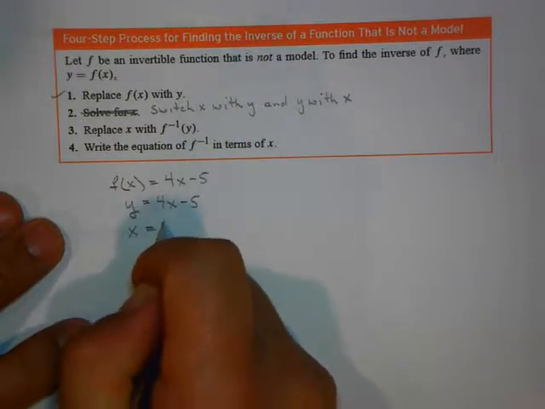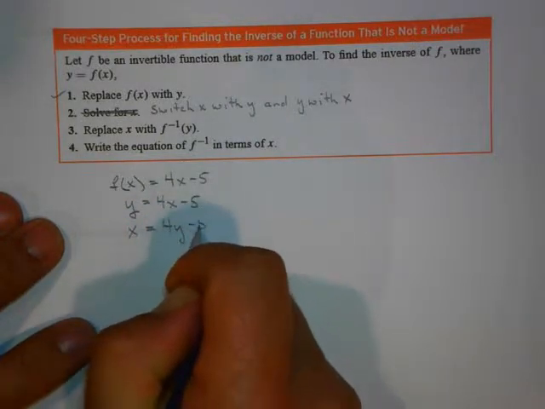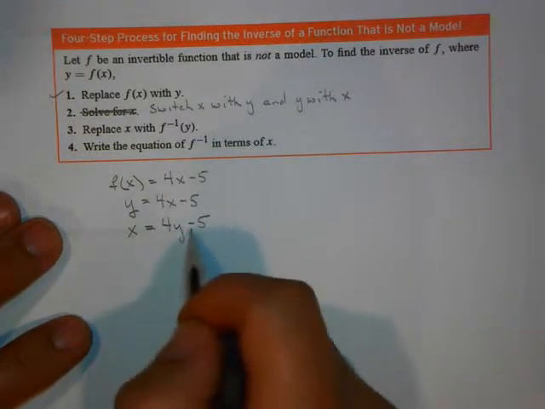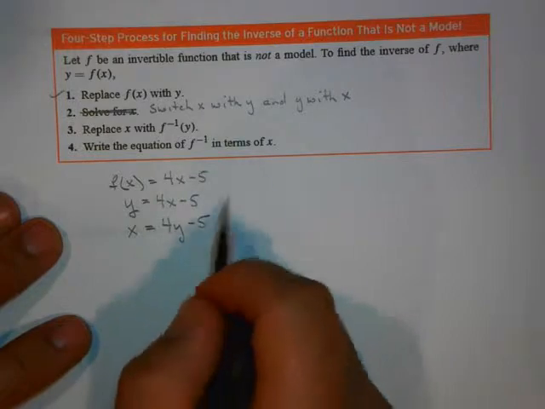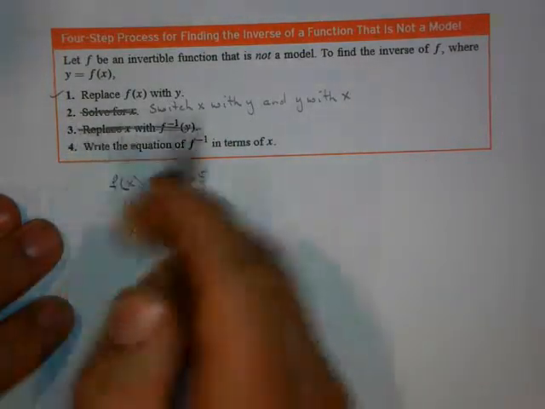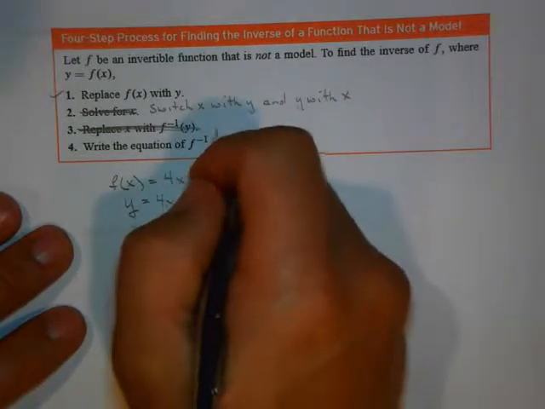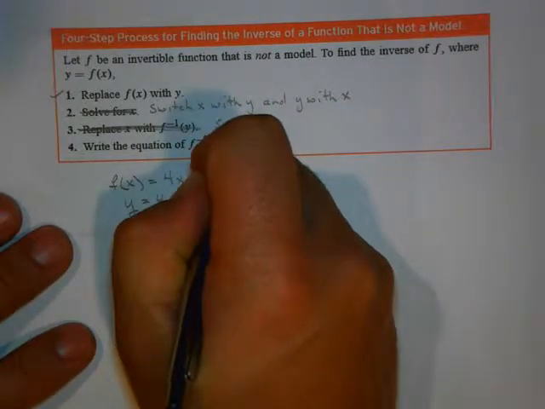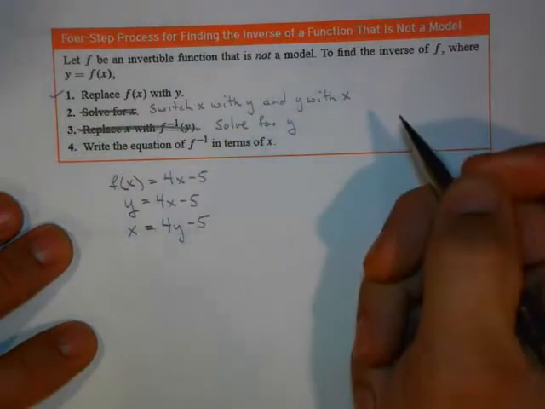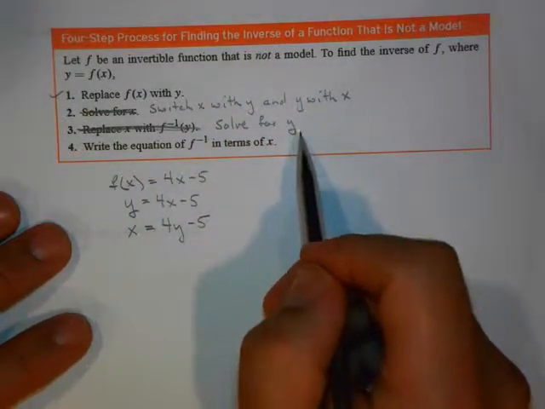Now, why do I have you do that? Because now our next step is we're going to solve for y. In most of your math career, you've been solving for y in terms of x. So I really don't want this to be anything different than what you're used to.